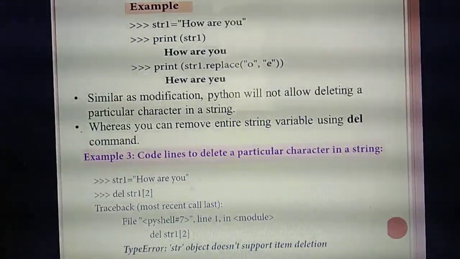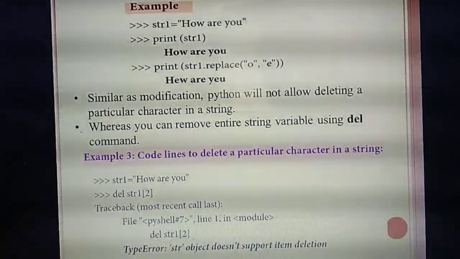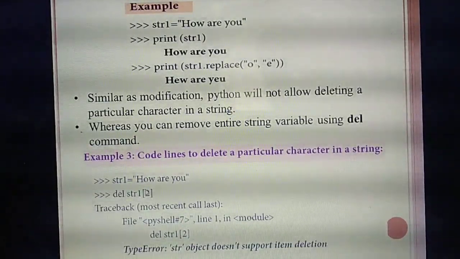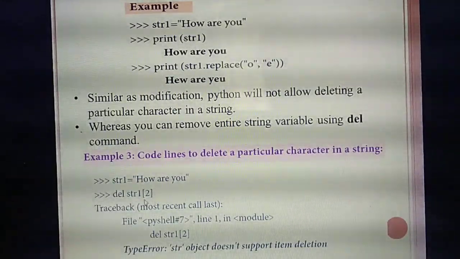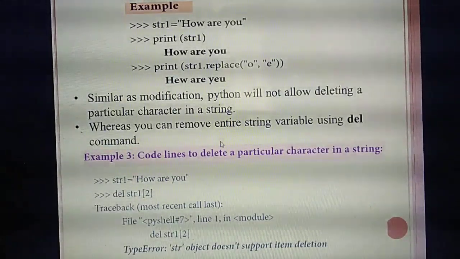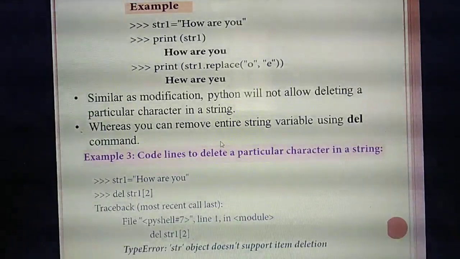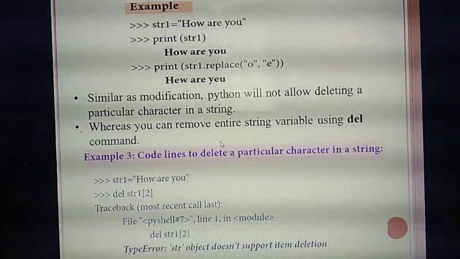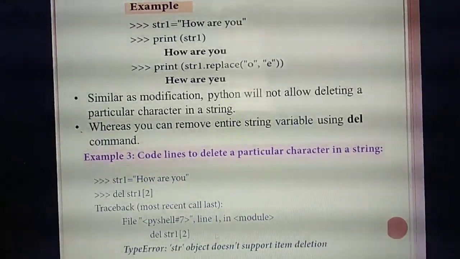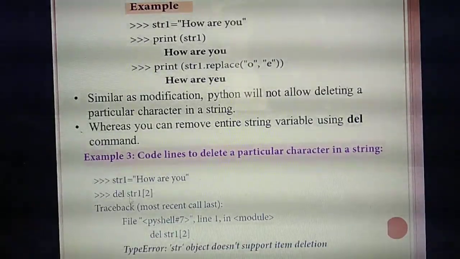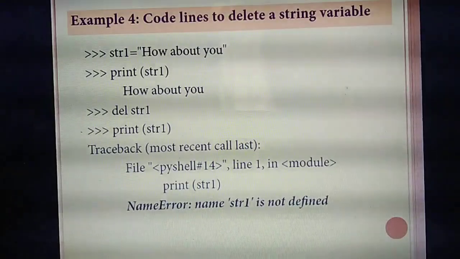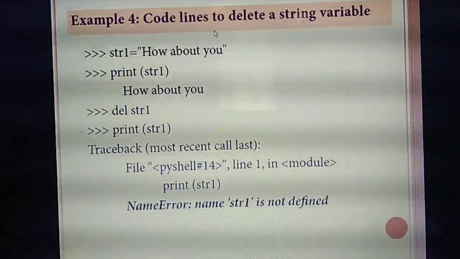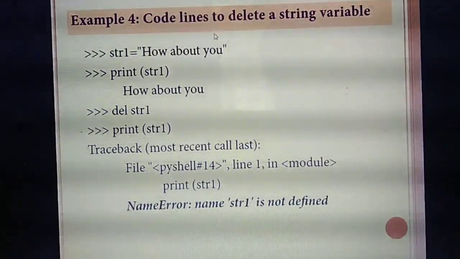See this example program, the same "how are you", but del str[2], meaning I am going to delete the second index value. As you have already studied, you can't delete a particular character in a string, so if you run the program, you will get an error. But you can delete the entire string.